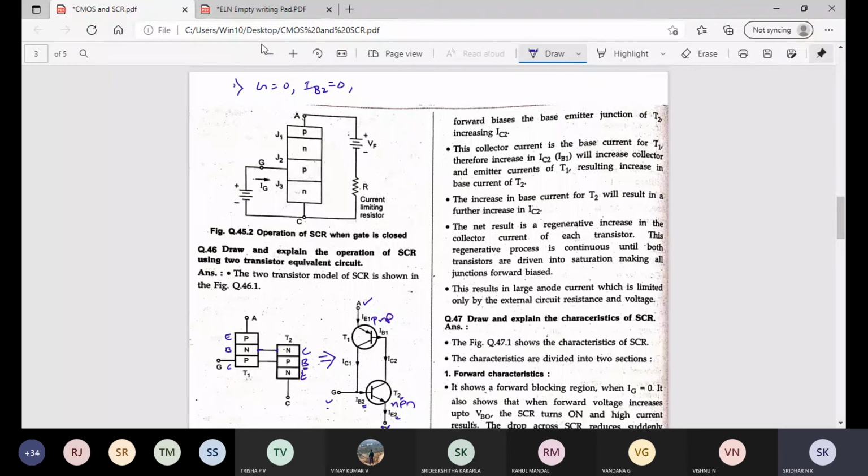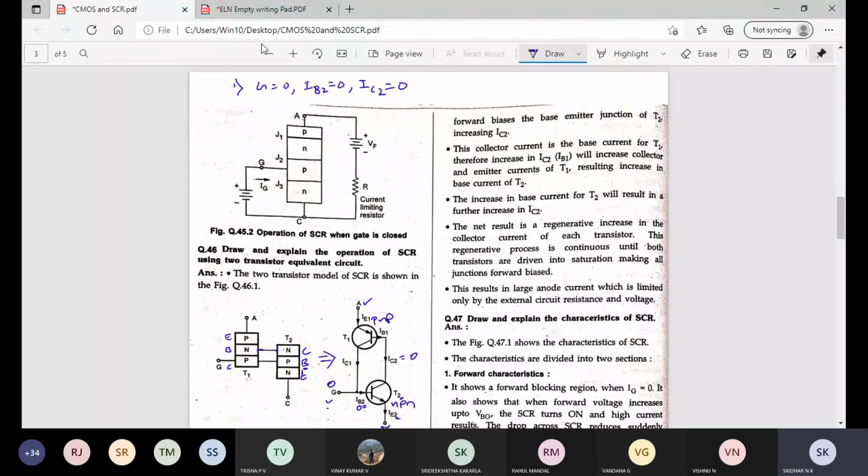If IB2 is 0, means base current is 0, obviously the transistor will be switched off, it won't conduct. There won't be any output current. Output means it is at the collector, that means IC2 will be 0. If IB2 is 0, IC2 will be 0.